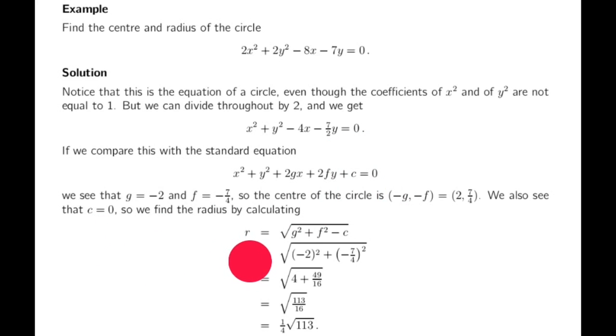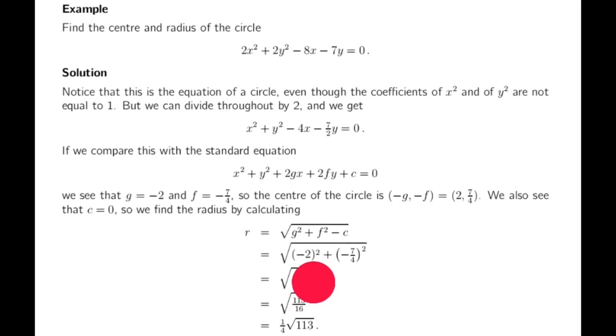Therefore, r equal to square root of g square plus f square minus c, that equal to square root of minus 2 whole square plus minus 7 by 4 whole square minus 0.